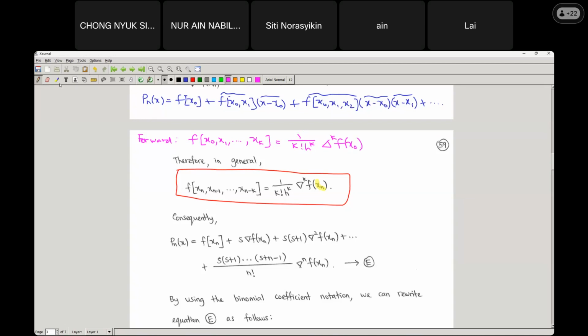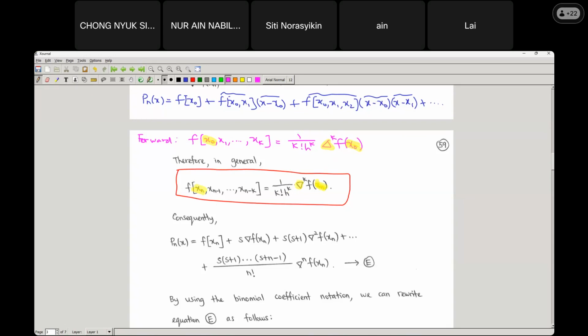You need to be extra careful because for forward, the first node is x0, so here is x0. Backward, the first node is xn, so here is xn. They are similar, but you just remember this triangle is different. One is a triangle, one is an upside down triangle.